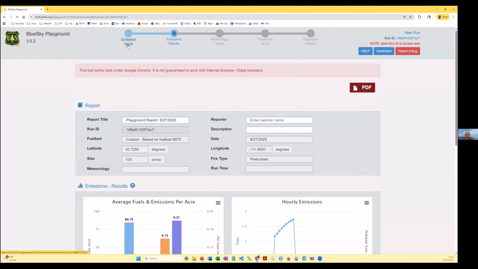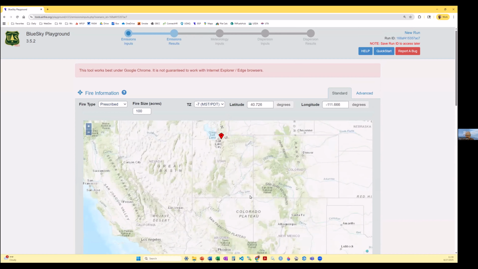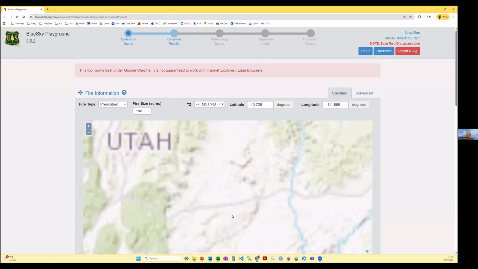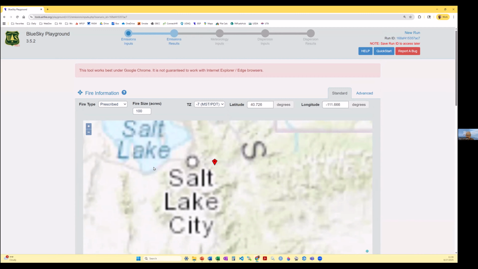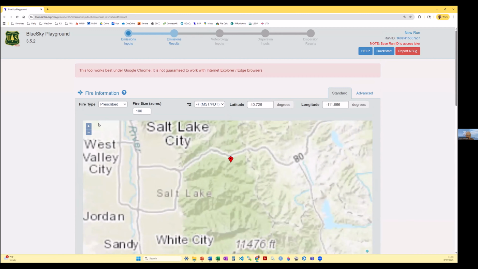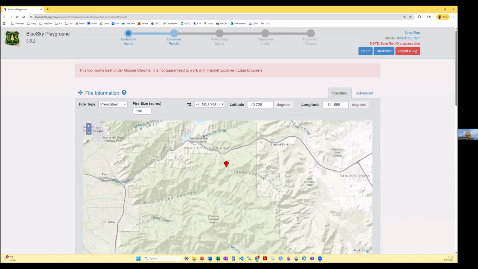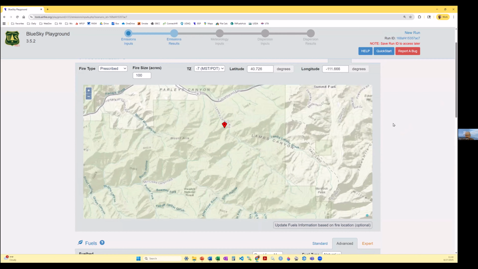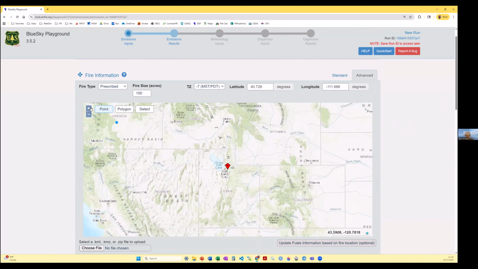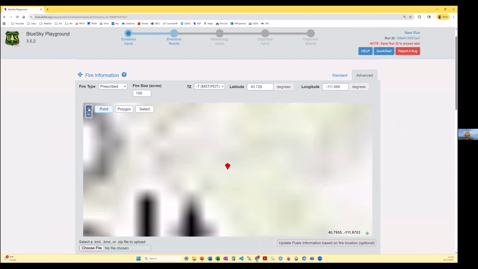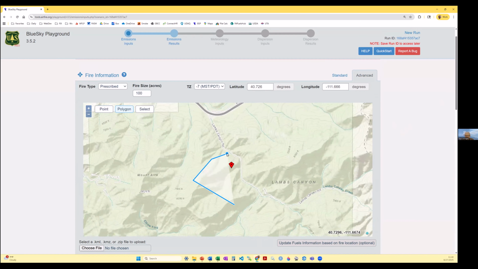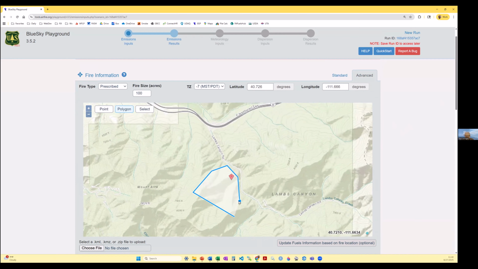Again, this isn't a BlueSky Playground course, but let's say I actually want to include multiple fuel types or multiple fuel beds. That can be done, right? Let's say I'm burning both the south aspects and the north aspects in this area here. So I can go into my spot and actually draw a polygon. Maybe this is going to be a little more than 15 acres, but let's go with that.